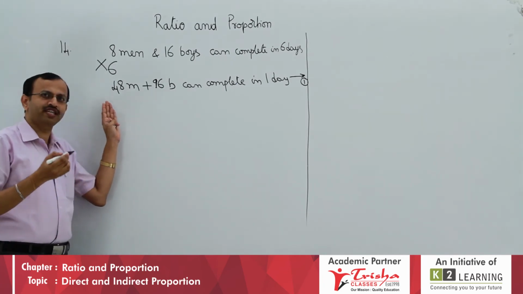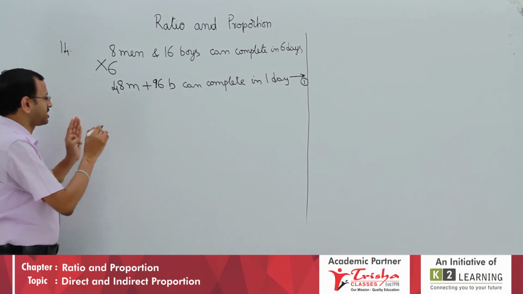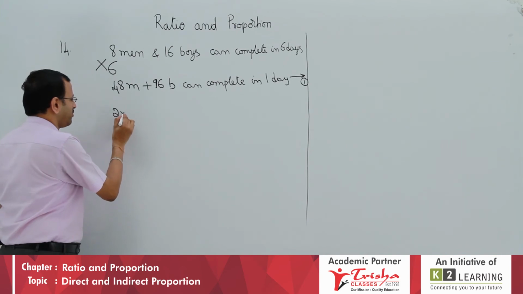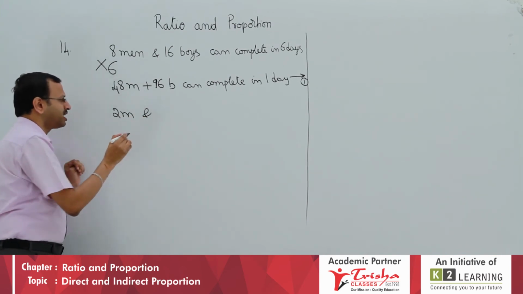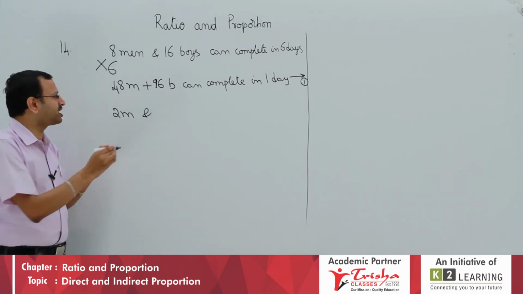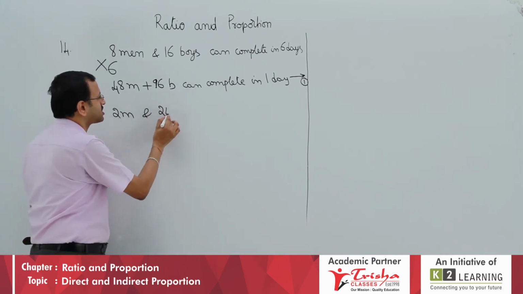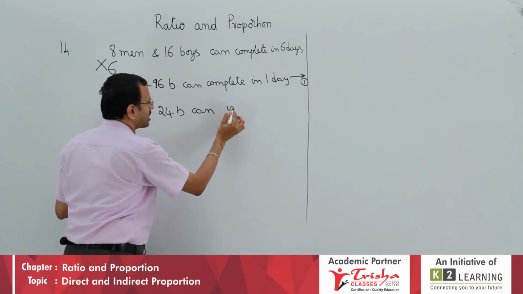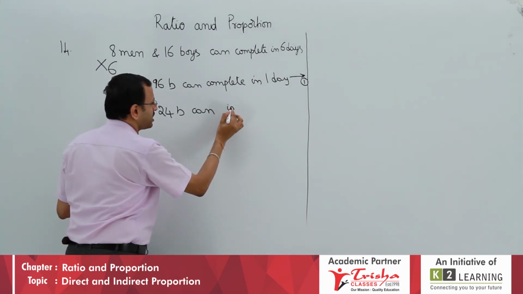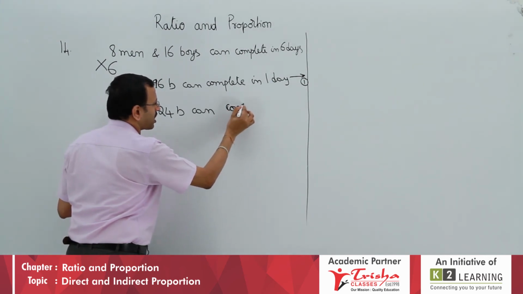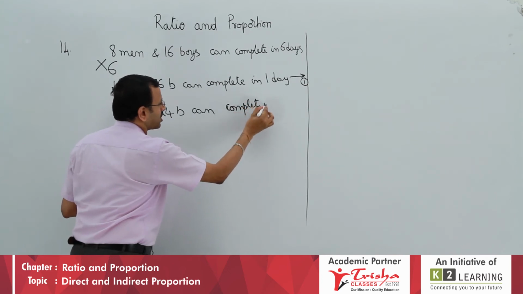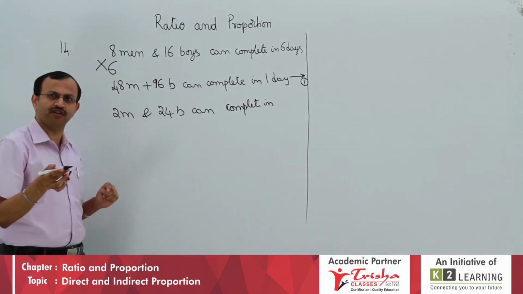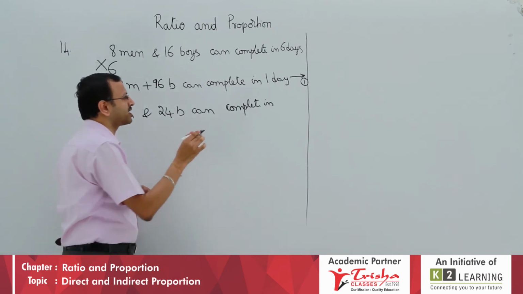Students, let us go to the second sentence. What does the second sentence say? 2 men and 24 boys can complete in 8 days, as given in the question.